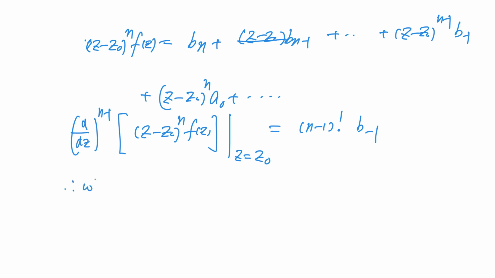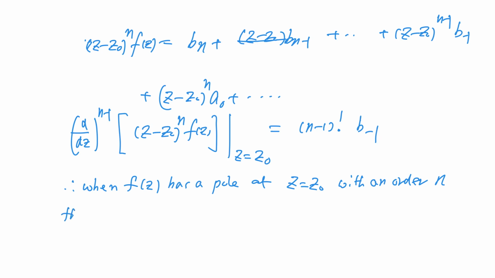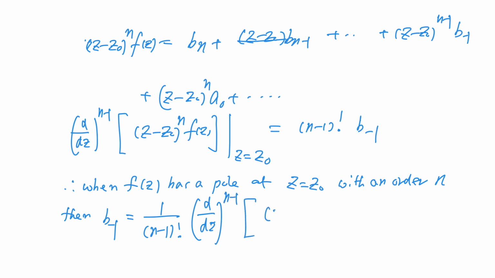So if f has a pole at z equals z naught with order n, then b minus 1 equals 1 over (n minus 1) factorial times d^(n-1)/dz^(n-1) of (z minus c naught) to the n f(z), evaluated at z naught.